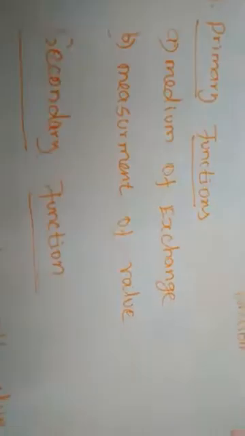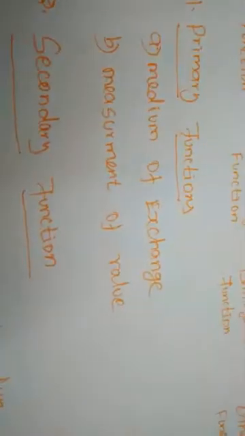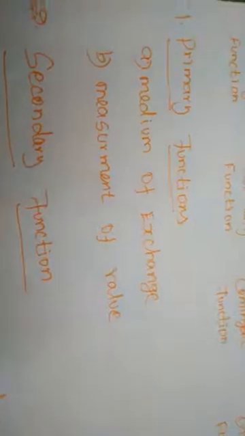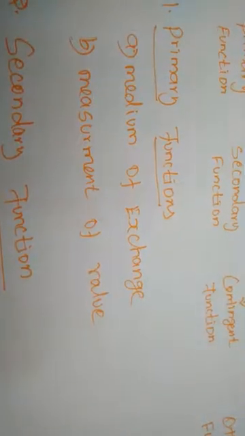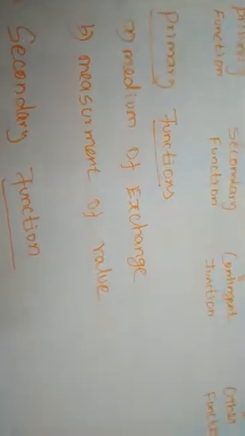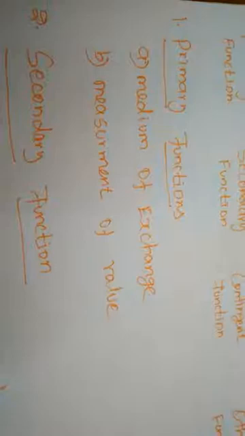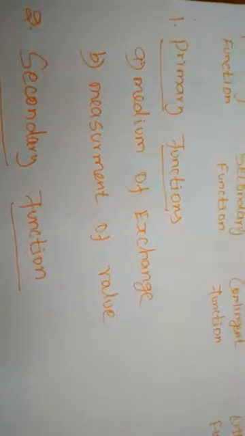Next one is measurement of value. Money acts as a measure of value. Why do we have to measure the value of a commodity? In the barter system, goods were exchanged only for other goods.